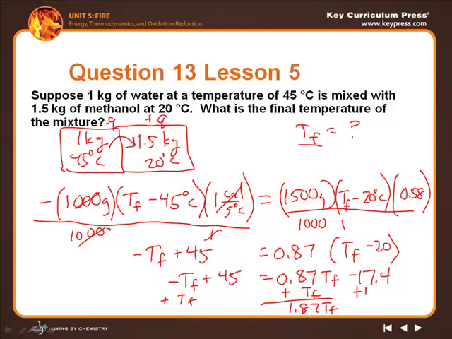And then we add 17.4 to both sides. 45 plus 17.4 equals 62.4, equals 1.87 times temperature final. We divide by 1.87 each side, and the temperature final you get is 33.3 degrees Celsius.